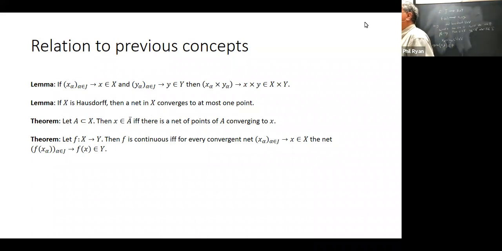What about Hausdorffness? If X is Hausdorff, then a net converges to at most one point. So we've already seen this lemma for sequences. Okay, so how would the proof go? So what would we assume? So let's assume by contradiction.